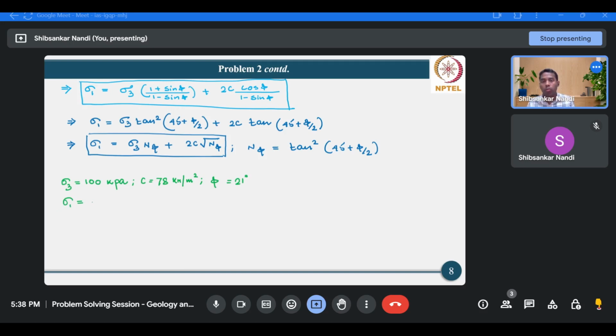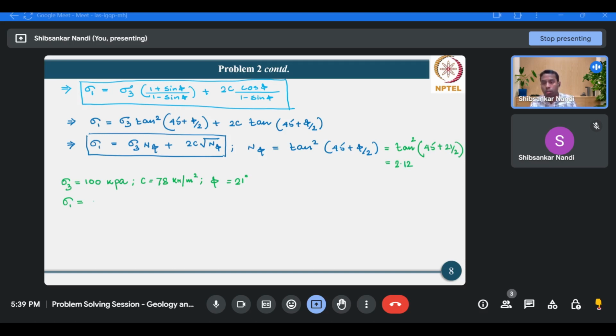So for this problem, first we can calculate the N phi value. N phi would be tan square of 45 plus 21 by 2, which is 2.12.